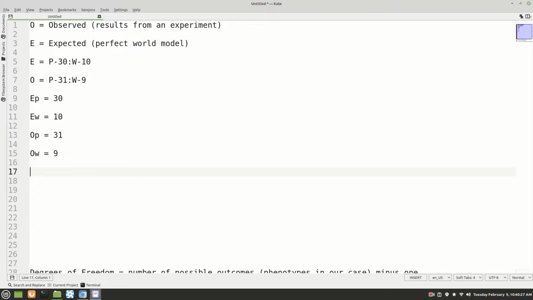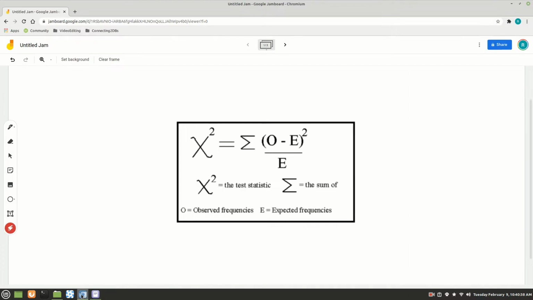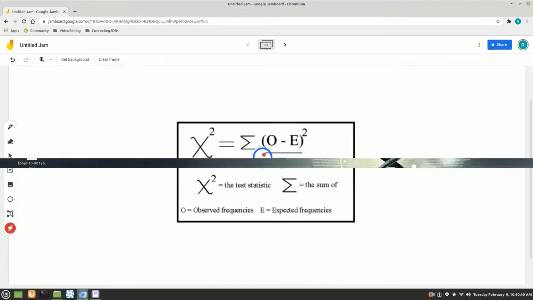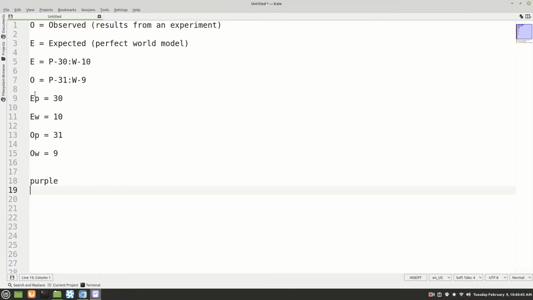So we're going to do this for purples first. And so for purple, we would go, okay, our equation says, let's go back real quick, take the observed and subtract the expected. Observed for purple is 31. So put it in parentheses, and it's 31.